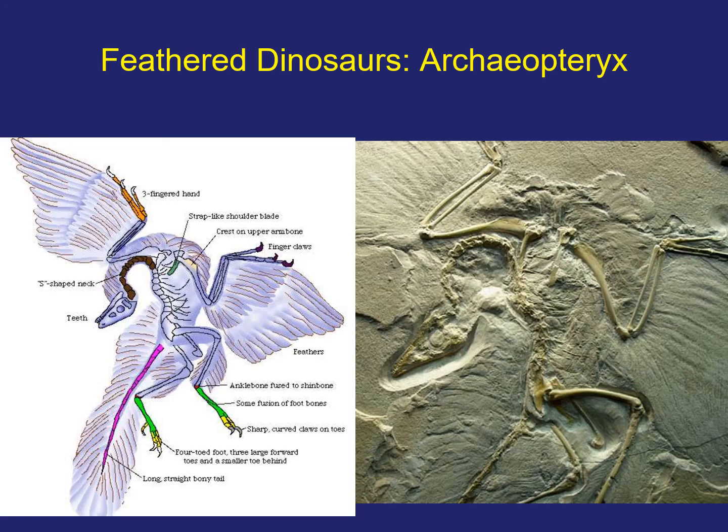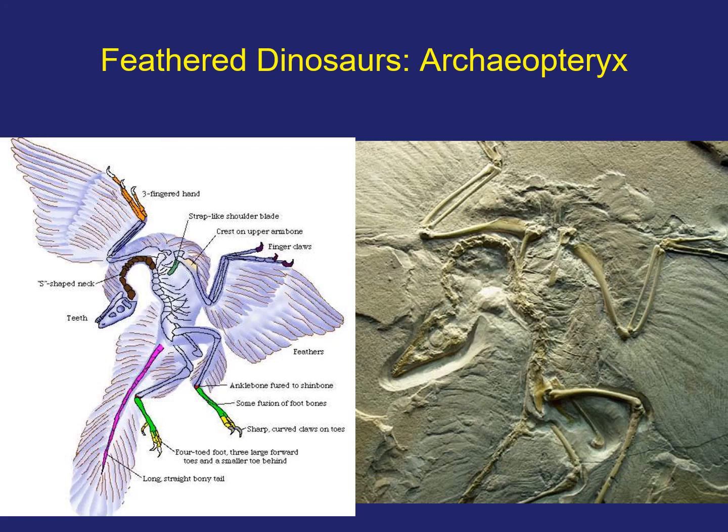We have a shoulder girdle that is similar to reptiles. We don't have the furcula, the wishbone that we see in birds, and we have claws on the wings that are very similar to what we would expect in a reptile. We don't have those weird bones that developed from the fusion of different digits and arm bones that we see in birds. But we have feathers.